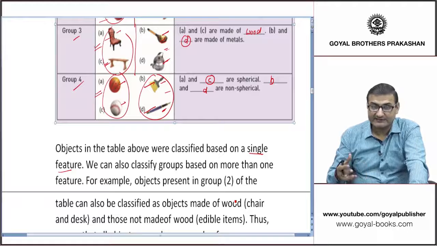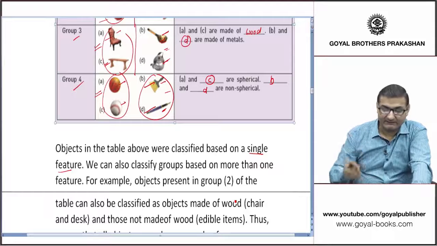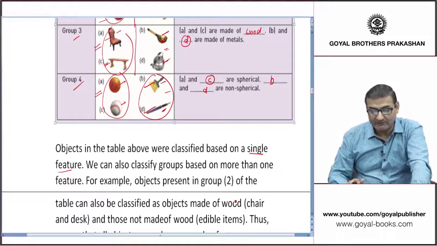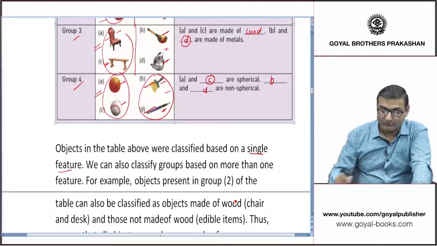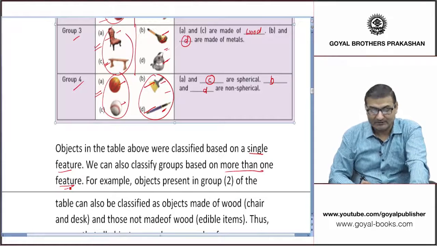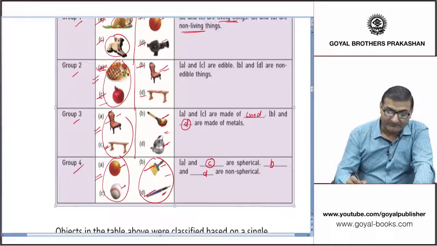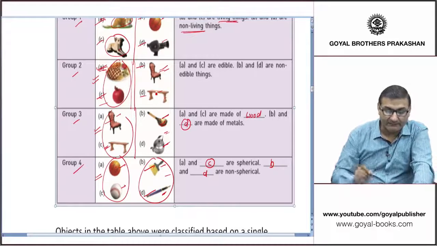But the classification process is very complex. It's very difficult. Why? Because the next level of classification will come when we are going to classify various groups based on more than one feature. For example, in this particular group 2, one way was edible and non-edible.